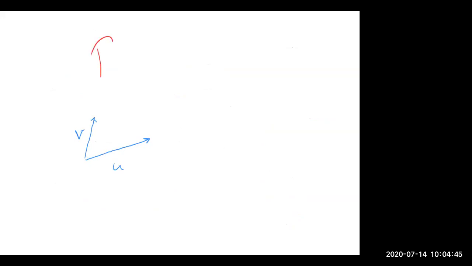How? You can think about them as adjacent sides. From here, you can continue parallel to v. From here, you can continue parallel to u. You would end up with a parallelogram.